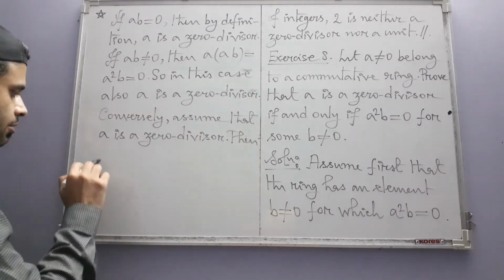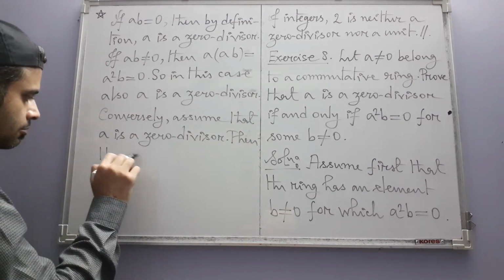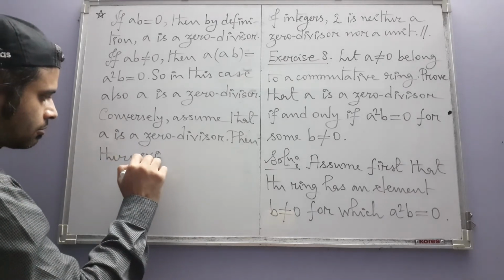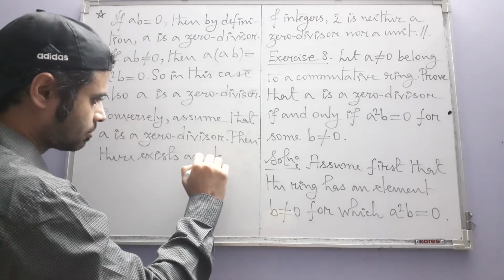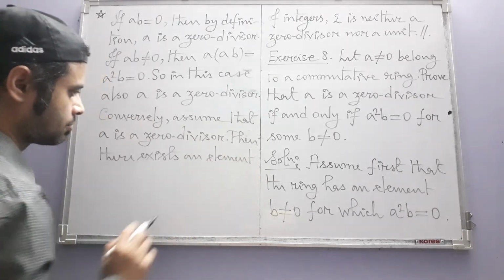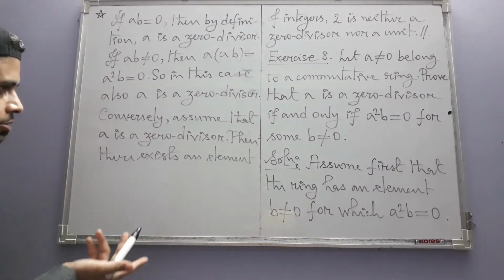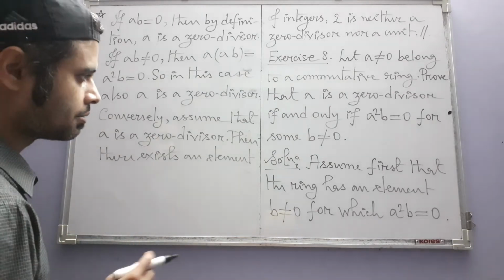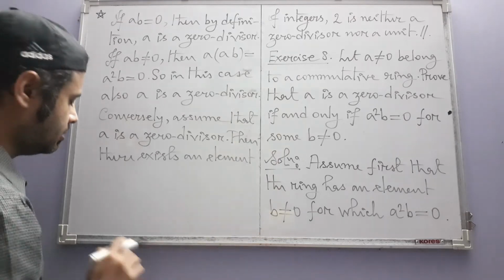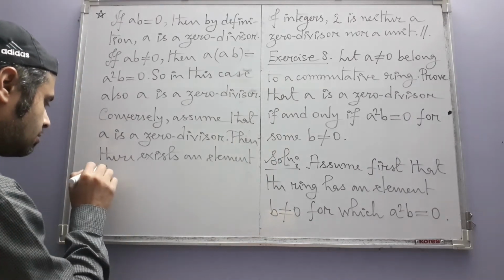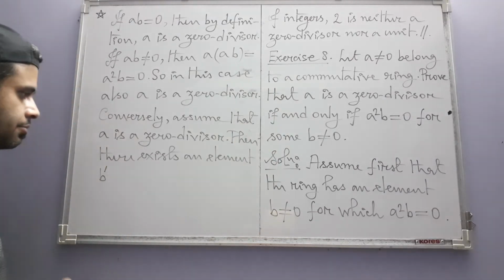Then by definition there exists an element, you can, if you want, take B also, but in order to distinguish this B from that B, let me write B prime.